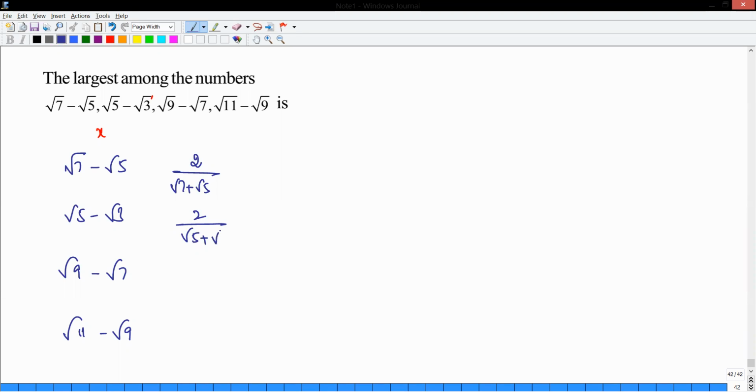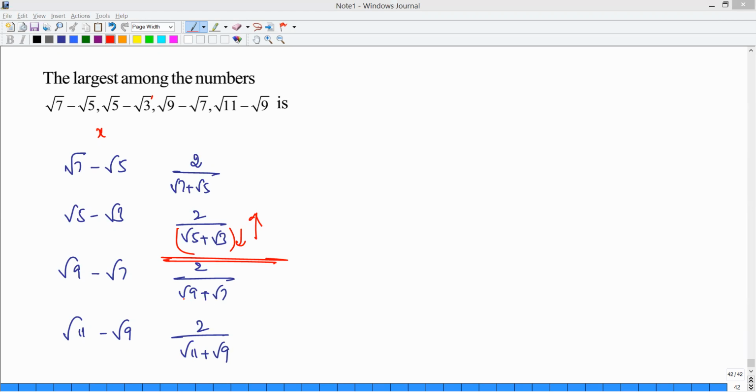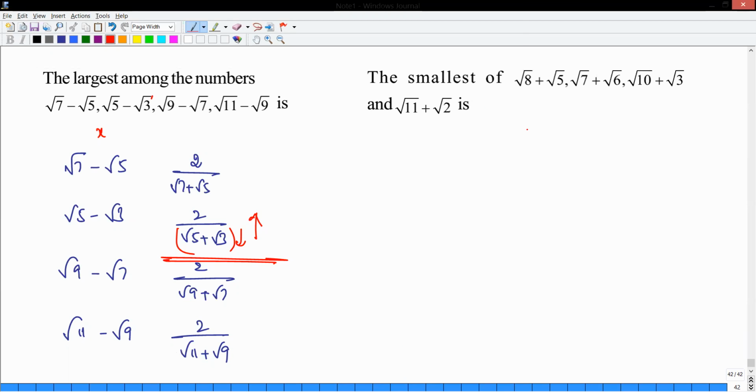Root 5 plus root 3. Root 9 plus root. Lowest denominator, highest fraction. The smallest.